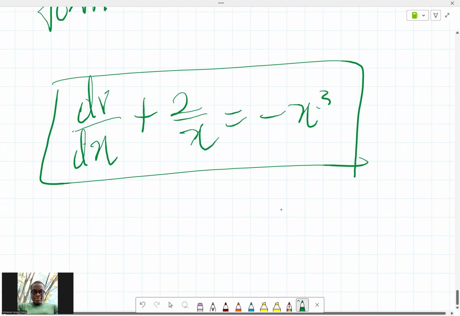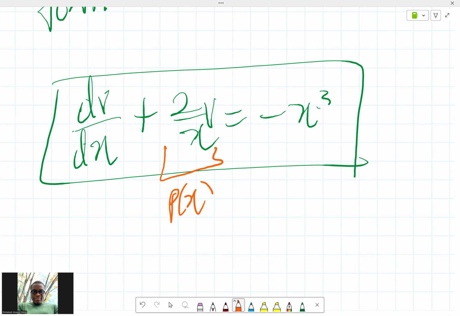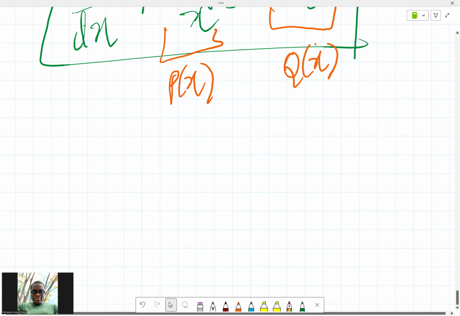So this is now like the standard form we have always been used to. So this now looks like what we would usually know as P of x, and this is now Q of x for the actual linear form, not the Bernoulli type now. But the transformation brings us to the linear form at the end of the day.